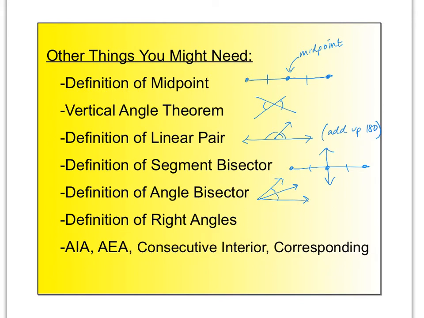So you have a ray sometimes, that's an angle bisector. And definition of a right angle, you might have to use that. If you know something is a right angle, you know it is 90 degrees. And then you might have to use things like alternate interior angles, alternate exterior angles, consecutive interior angles, corresponding angles. Because remember, if the lines are parallel, then those types of angles will either be congruent or supplementary.